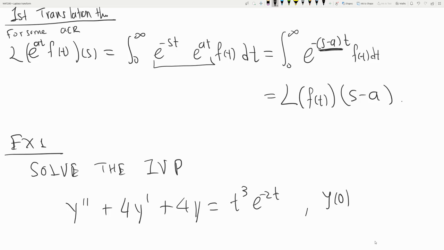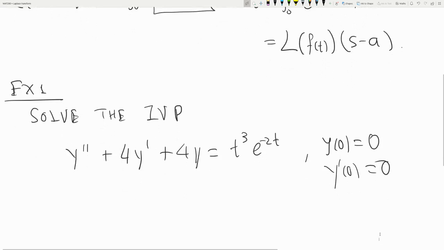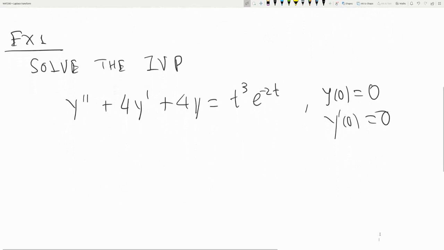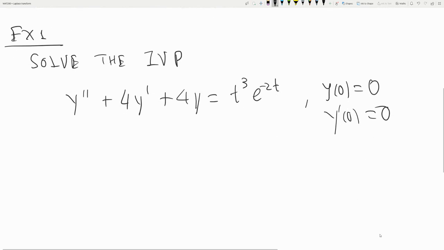So you need one for the solution itself and one for its derivative, because you have second order. Okay, so let's use the Laplace method to solve it. You can also solve this with the method of undetermined coefficients. So either way is fine, but Laplace is faster.